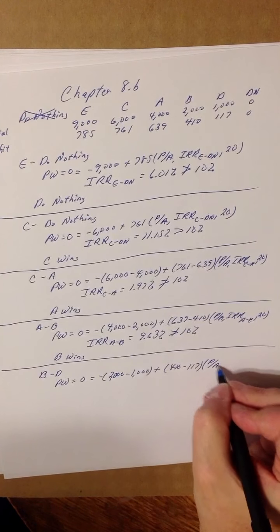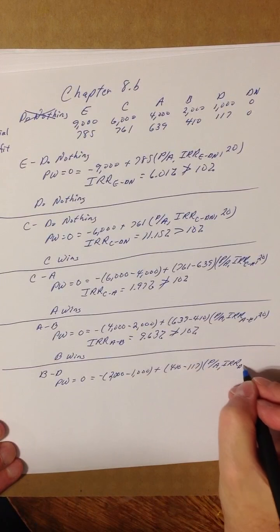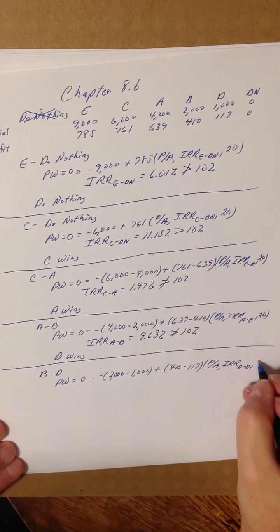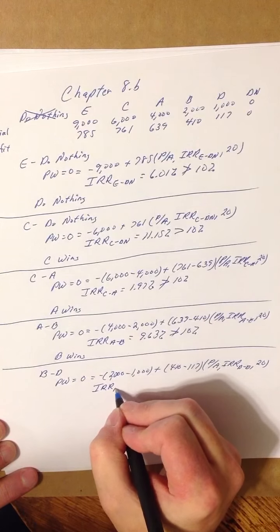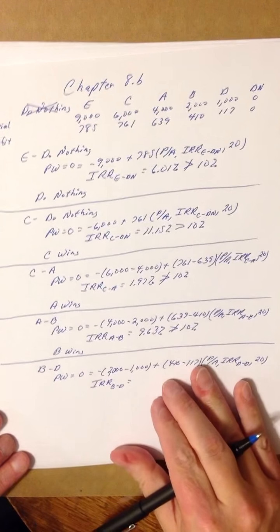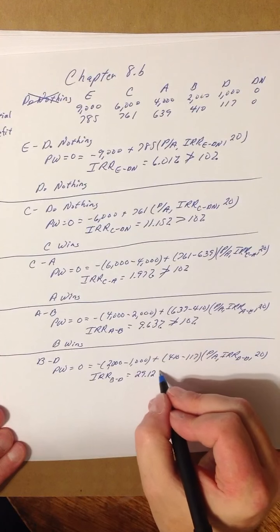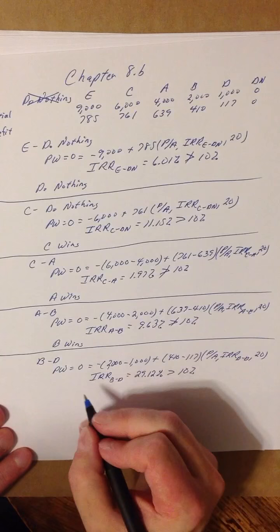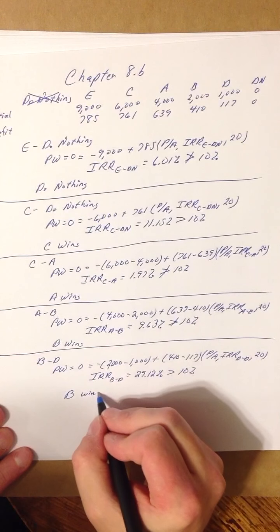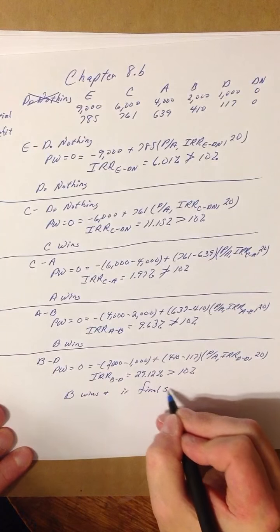We're going to find a P given an A, an internal rate of return of B minus D, for 20. And the internal rate of return of B minus D is equal to 29.12%, and that is much greater than 10. So in this case, we say that B wins and is the final selection.